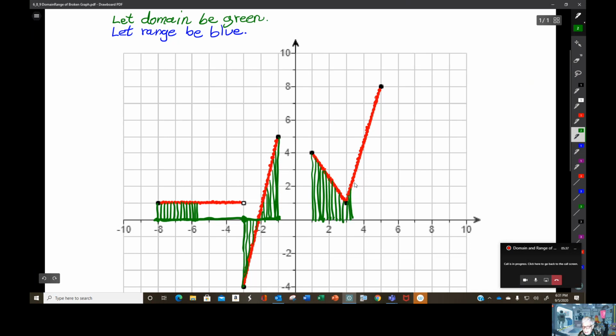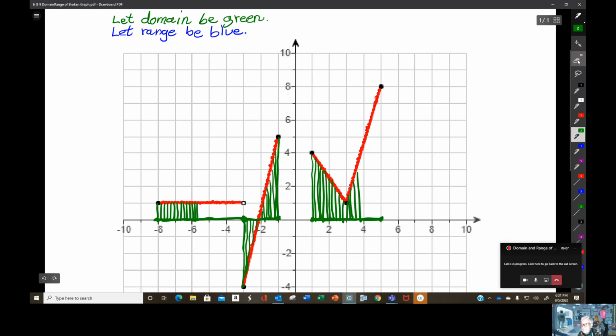And there aren't any breaks in this part of the graph, so you end up with a solid green line again, all the way to here. All right, so our domain is where the green line is.